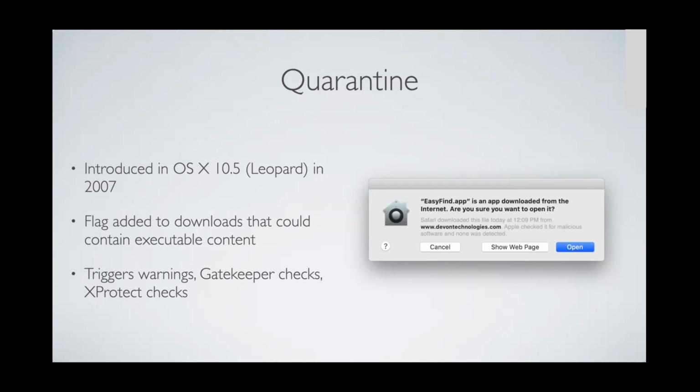So Apple added this to alert people that the thing that they've just downloaded and are trying to open is not actually a document, it's actually an app. And so, when you see that, you should think twice. So this was one of the earliest, and some of the other security features are going to be based on this. So quarantine is going to be key for some of what we're going to talk about later.